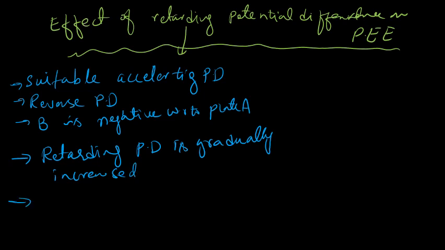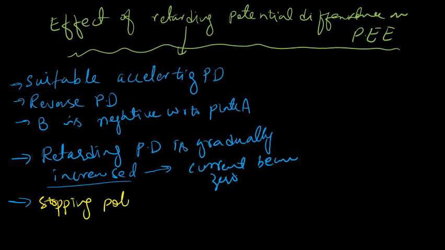The retarding potential difference at which the photocurrent becomes zero is known as the stopping potential. That point is called the stopping potential.